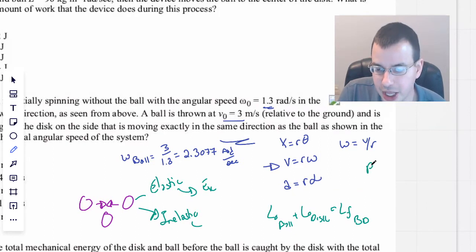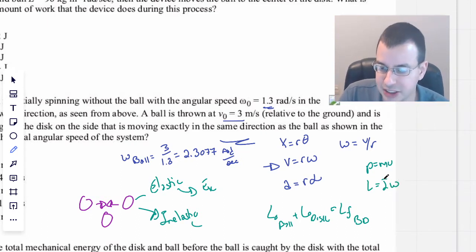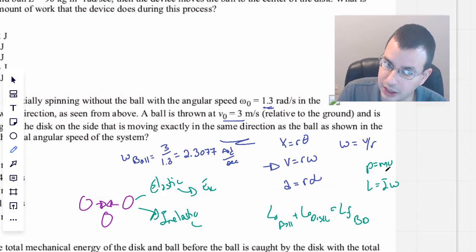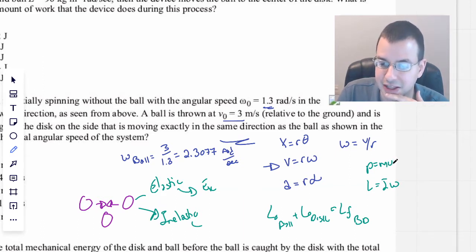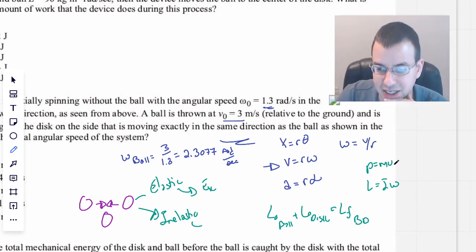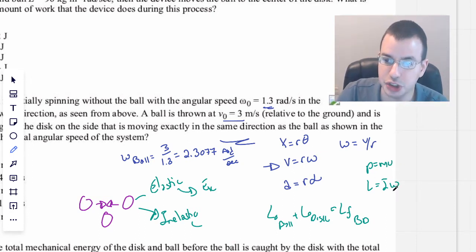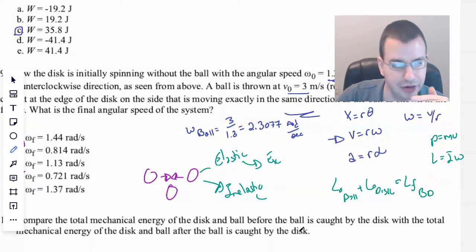We know that linear momentum is p equals mv. Angular momentum then will be I omega. The analogy for m in angular is the moment of inertia, and the equivalent for velocity is omega, which is radians per second. So that's more mnemonic than derivation.